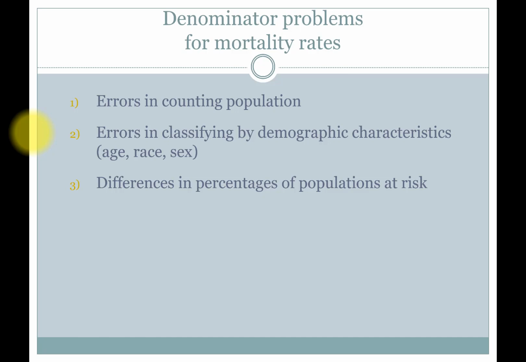Most common denominator issues have to do with the fact that obtaining accurate data for a lot of people is very difficult and bound to errors. Anything from accurately counting everyone to classifying persons based on geographic and demographic characteristics, while taking into consideration that people move, makes it a very complex task.